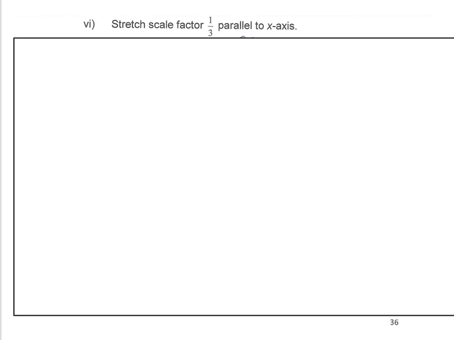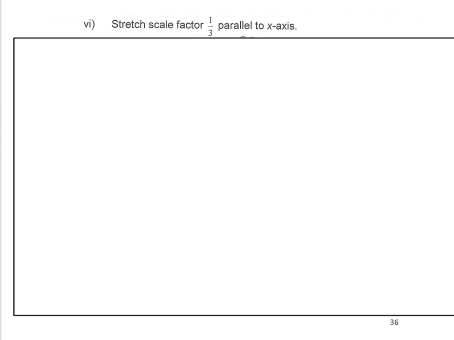Okay, our final example is where we've got to write down the equation of the curve after it's gone through a stretch, scale factor of a third, parallel to the x-axis. Remember general function notation again.